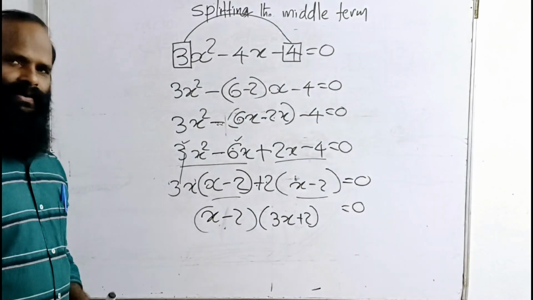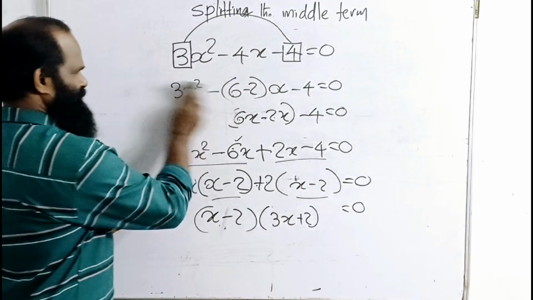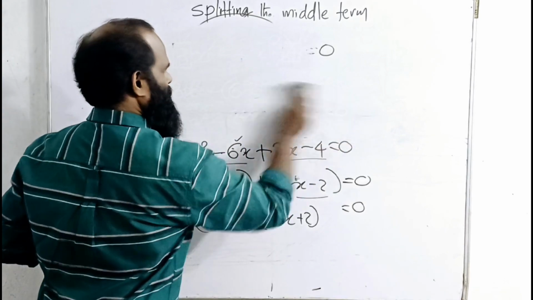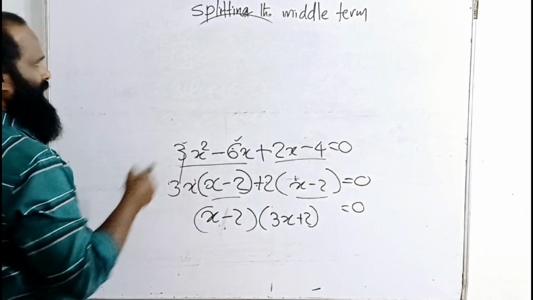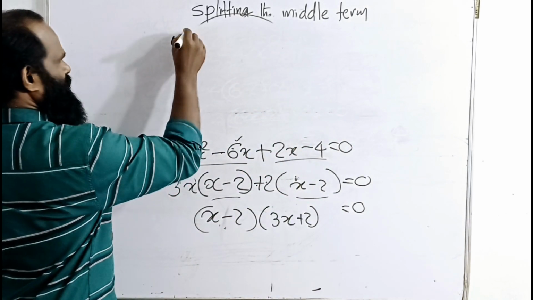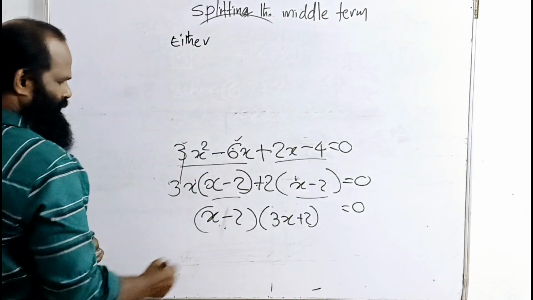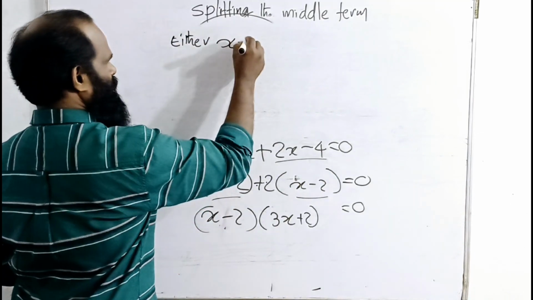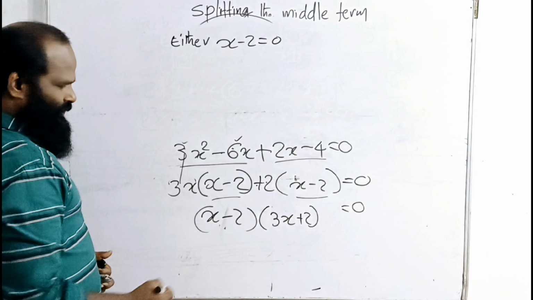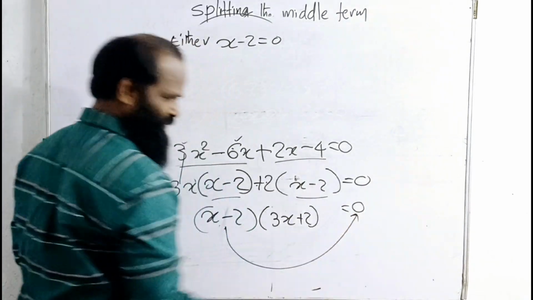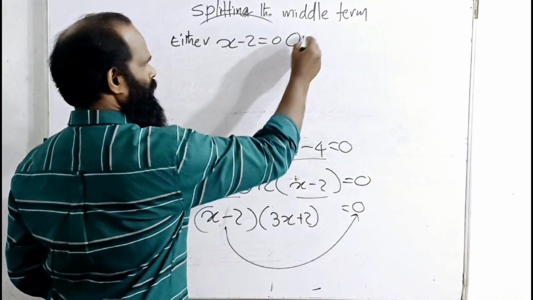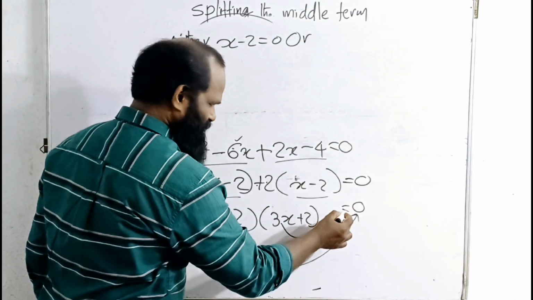ഇനി x ന്റെ വില കാണാം. ഓക്കെ, ഇങ്ങനെയാണ്. Either x minus 2 is equal to 0, or 3x plus 2 is equal to 0.